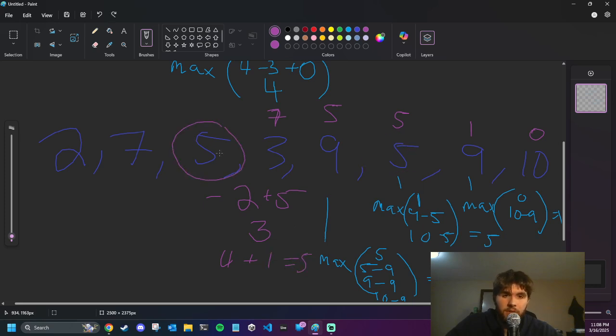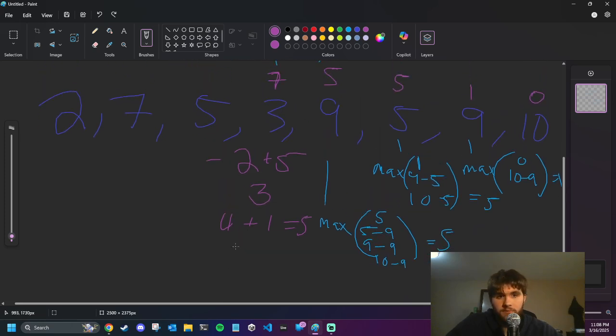Then we could look here, that would give us 0 plus 0. Or we could just do 4. We could also just sell here, and that would give us 5. So what really is the best option?